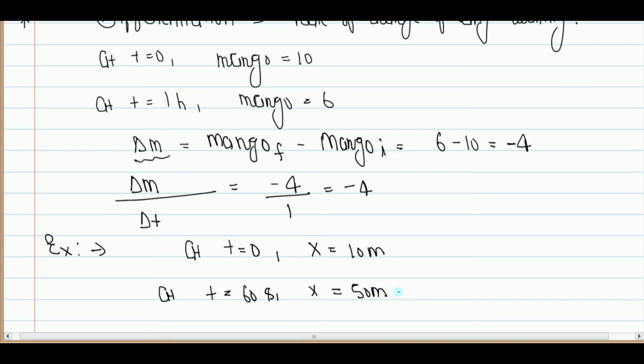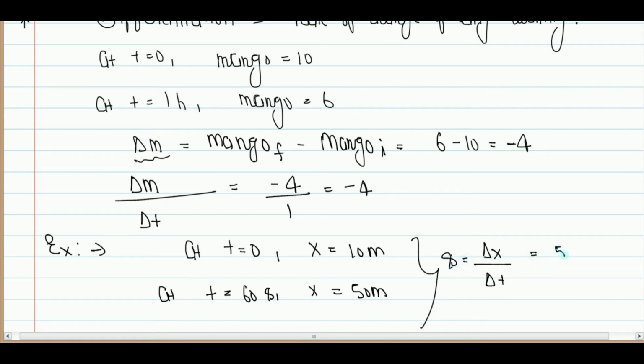If I ask you what is the speed of the person, what will you do? Delta x by delta t. How much it has been displaced divided by how much time it has taken. That is speed.